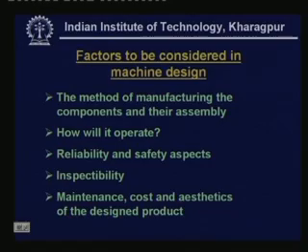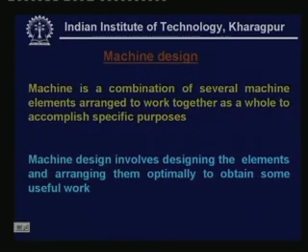The more proper maintenance you have, the more your reliability and safety aspects will of course increase. Cost and aesthetics we have already discussed earlier in this lecture while we were talking about the chair. And so, we can very quickly recapitulate the ideas we have learned in this lecture.